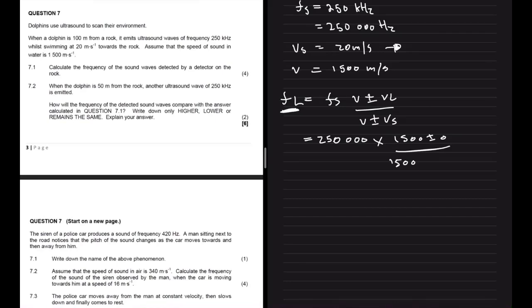And then the dolphin is moving toward. If it's moving towards, then we have minus on the denominator. If it was moving away, then we're going to have plus.